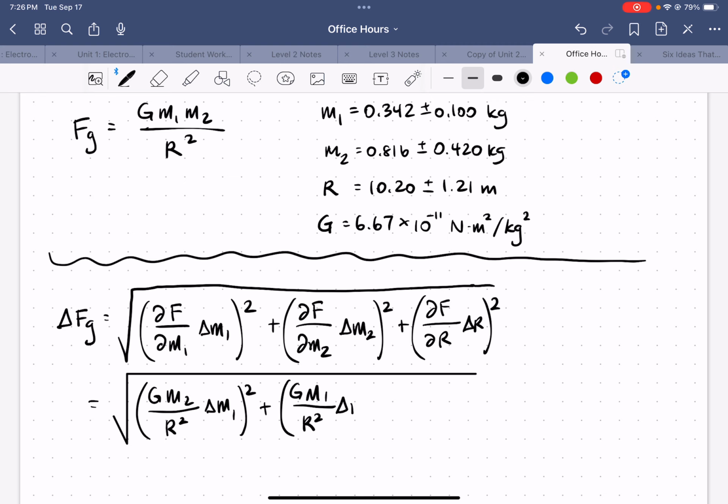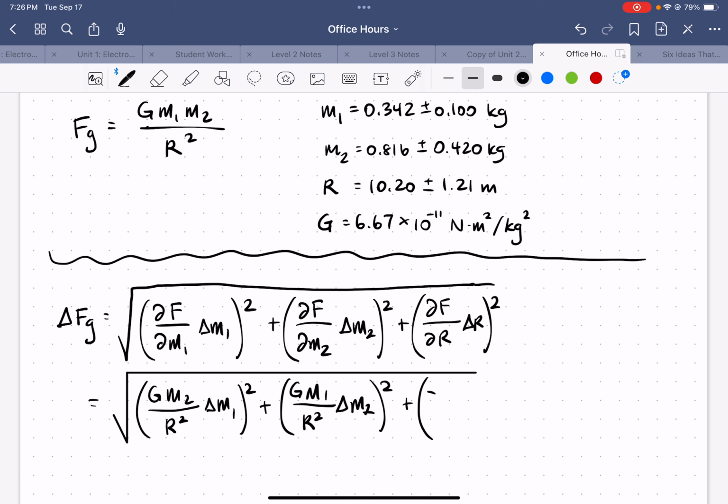And when we take the derivative with respect to r, we have r to the negative second power. Using the same differentiation rule, we multiply by -2 and decrease the power of r by 1. We get minus 2G m1 m2 divided by r cubed, and then multiply that by delta r.